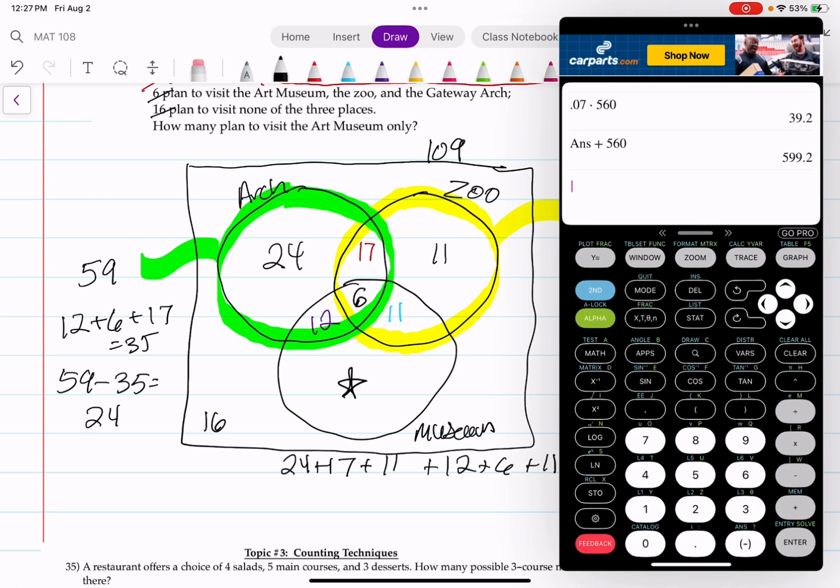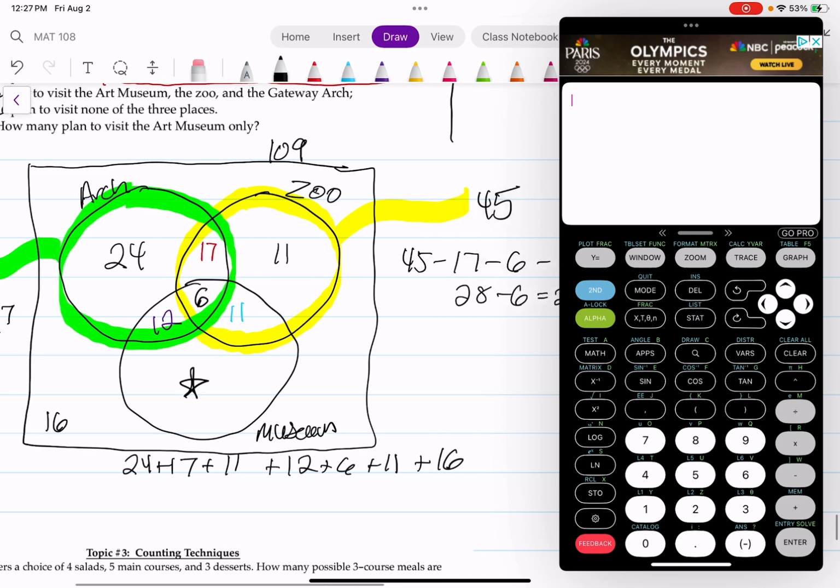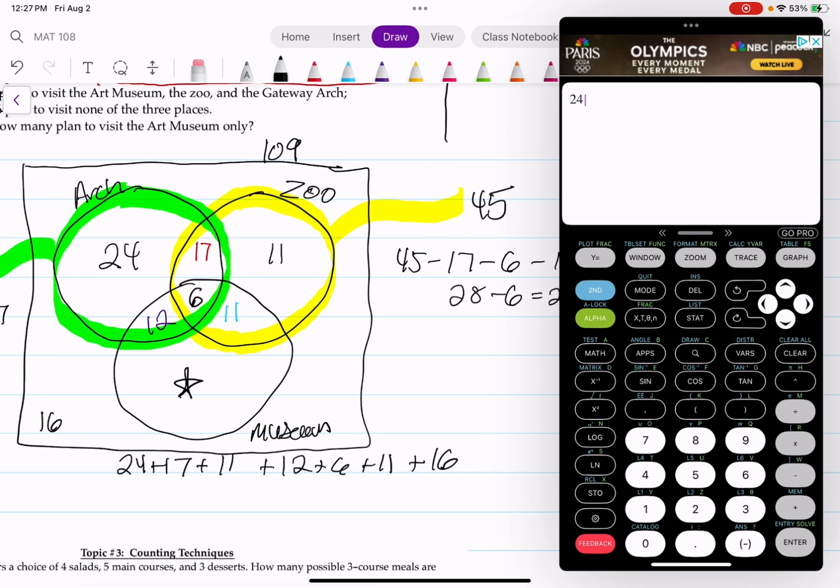That's too much work, so I'm going to use the calculator. 24 plus 17 plus 11, add 12, add 6, add 11 again, plus 16 on the outside. That equals 97.